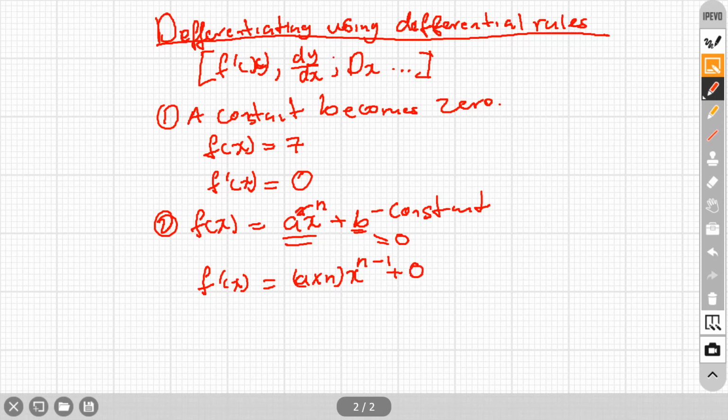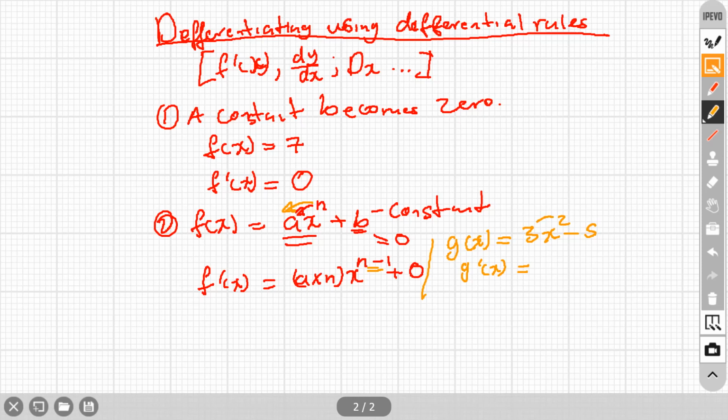What you have to remember is that the power first multiplies with the coefficient, then after that you subtract 1 from the power. Let's say, for example, we were given g(x) is equal to 3x squared minus 5. We are asked to determine g'(x).